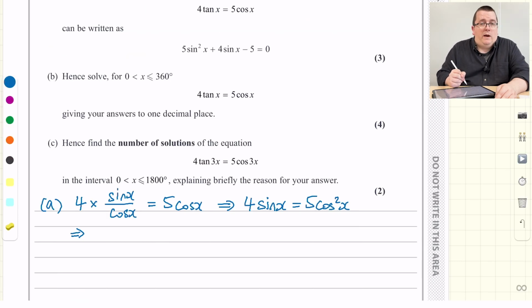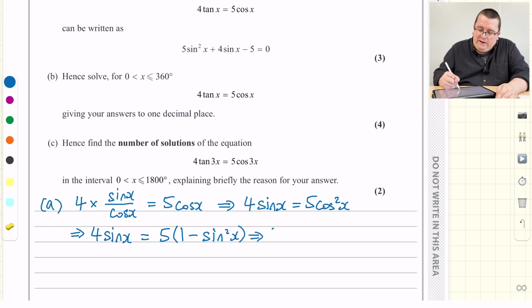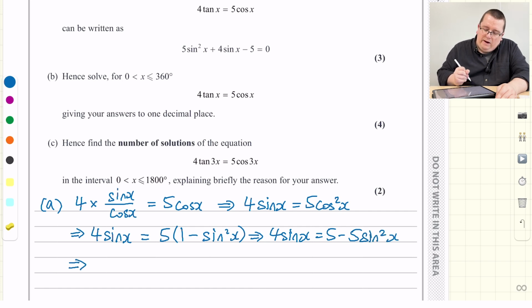Now cosine squared can be replaced with 1 minus sine squared. So 4 sine x is equal to, and don't forget the bracket, 5 times 1 take away sine squared x. Now let's expand that bracket. And then move everything onto the left-hand side.